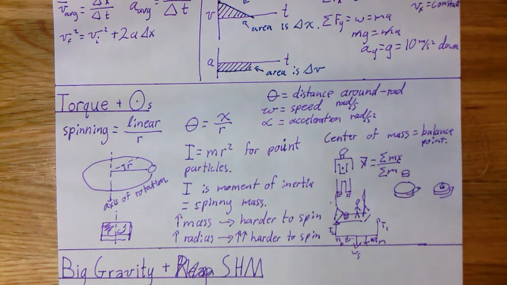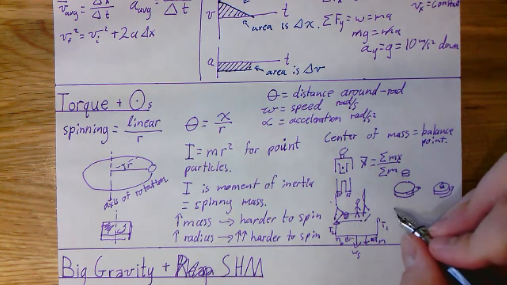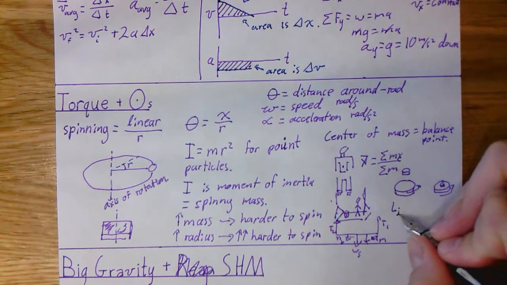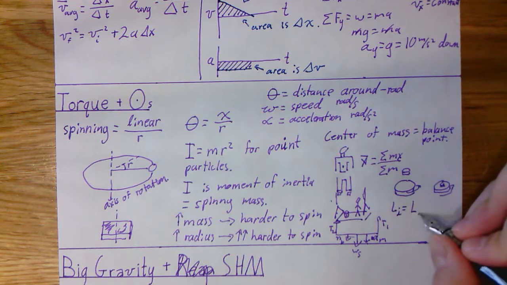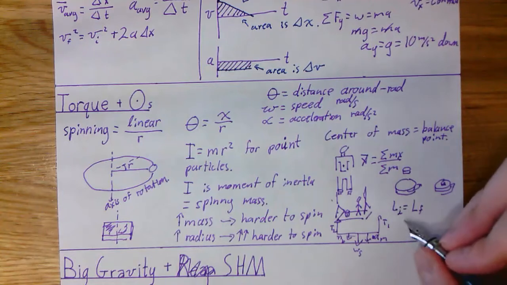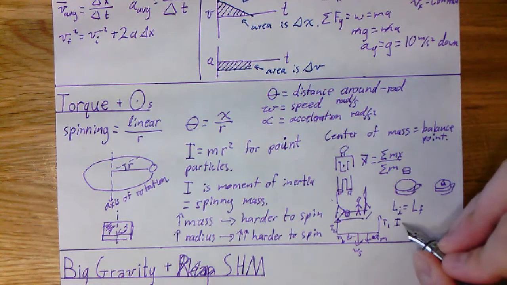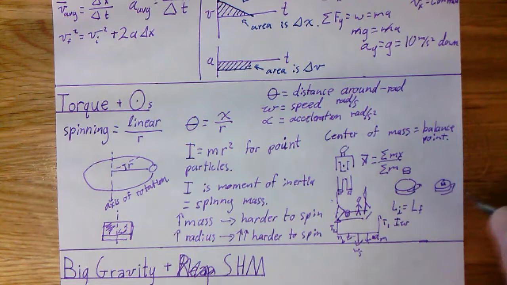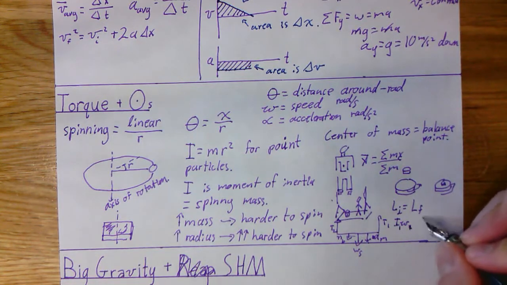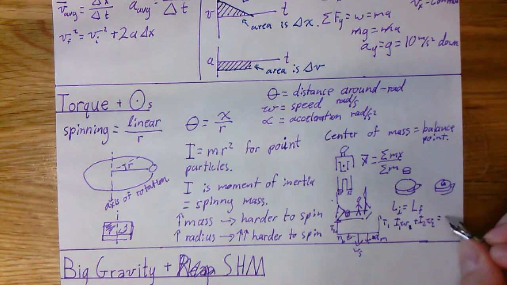It's conservation of momentum. So you would say that your momentum, we use capital L for angular momentum, L initial equals L final. And then angular momentum is your moment of inertia times omega, so I1 omega 1 plus I2 omega 2 equals I1 omega 1 plus and so on, right?